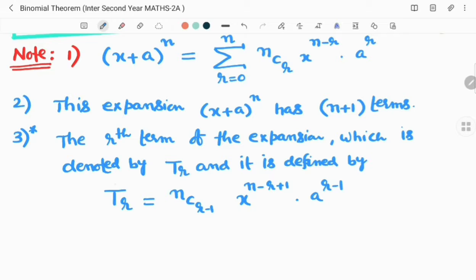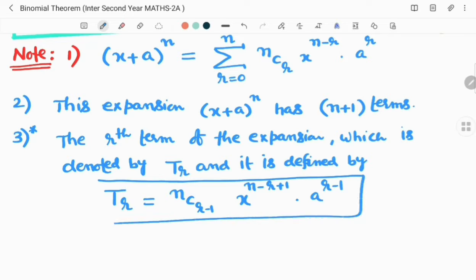So how to write this term? T_r means before it, the (r-1) term is there. So nC(r-1), x power, here n is there, n minus (r minus 1), which means n minus r plus 1, a power r minus 1.